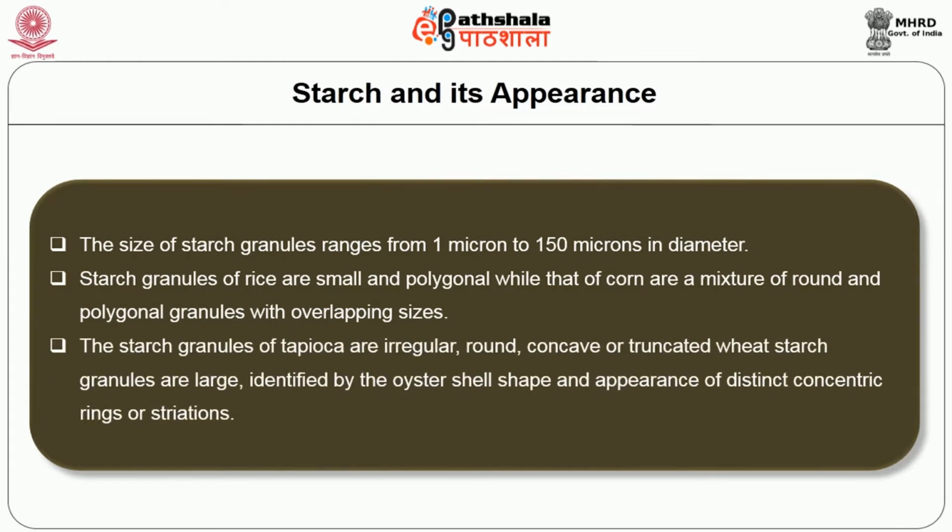The starch granules of tapioca are irregular, round, concave. The wheat granules are large, identified by oyster shell shape and the appearance of distinct concentric rings or striations.